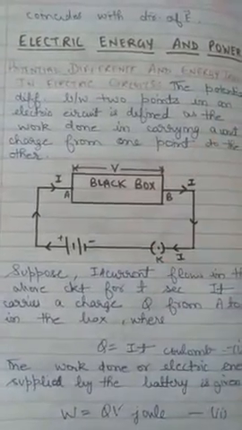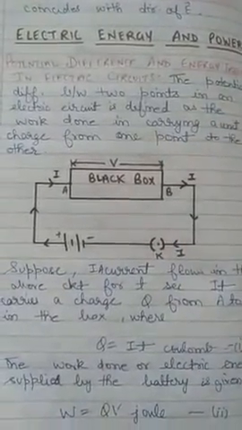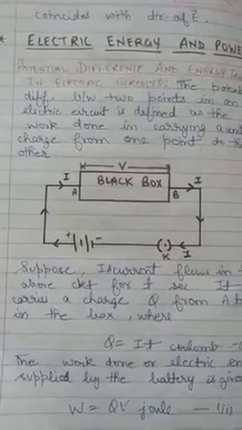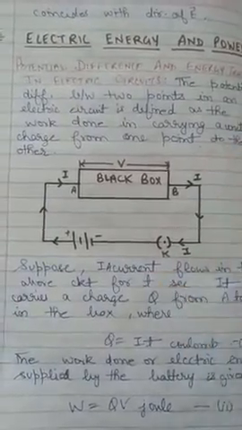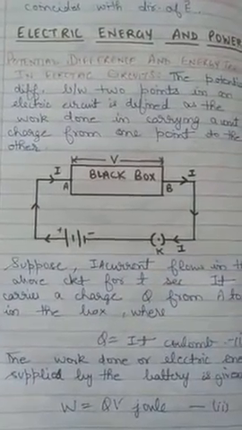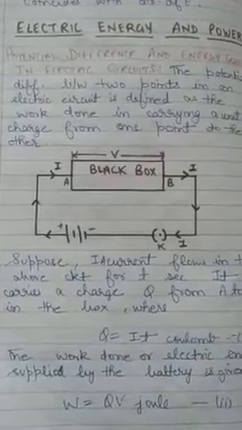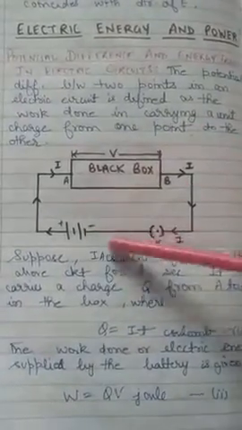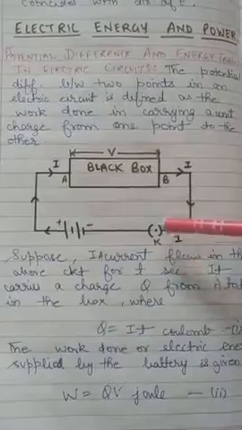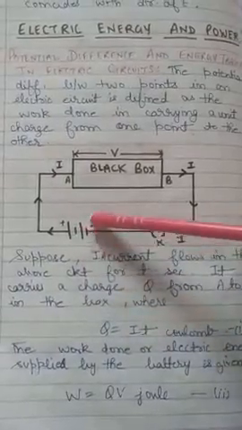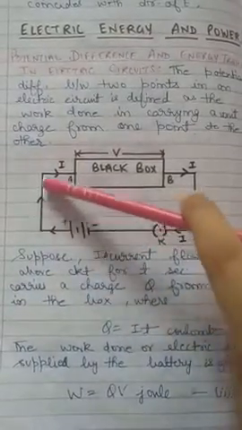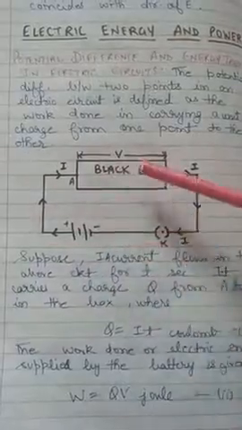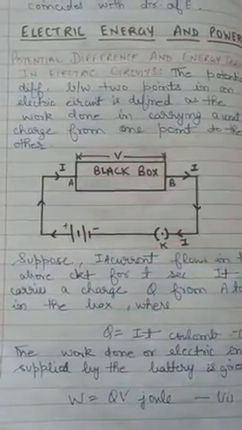We can explain directly by using a resistor, simple. But since in your book it's given using the black box, I'm using the black box here. If this circuit is completed, we are using a key. When it is on and we switch on the battery, the current will start flowing in this circuit. Current will go in the black box also.